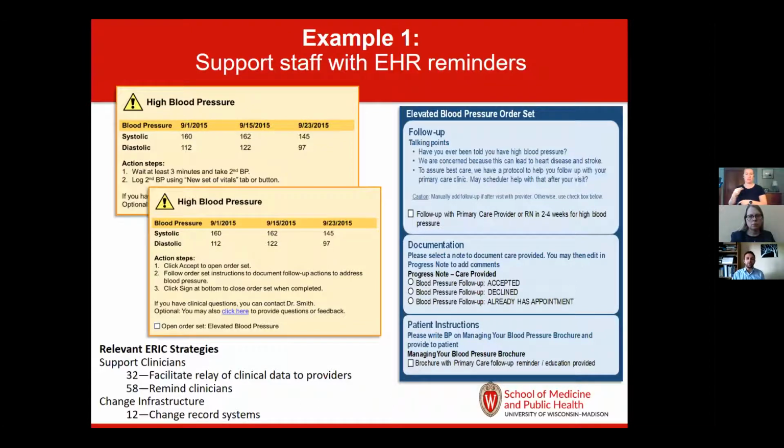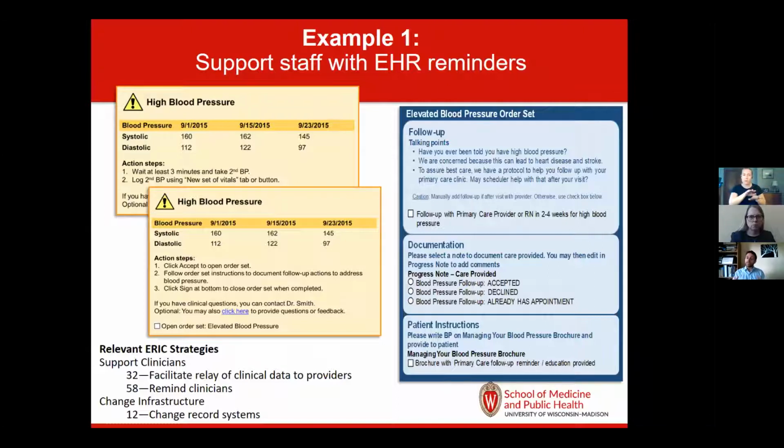So essentially what we did is, you can see the top left, that's the first best practice alert that comes up when a staff member puts in a high blood pressure, higher than 140/90, and then it reminds them to remeasure. Then the second one pops up if the remeasurement was high, and that allows them to go into an order set, a smart set on the right, that walks them through talking points to offer follow-up scheduling assistance to the patients.